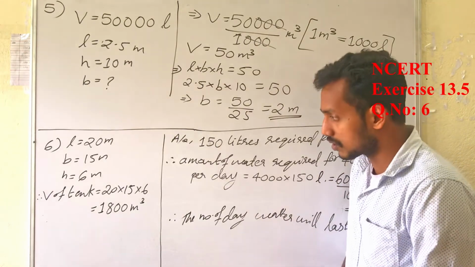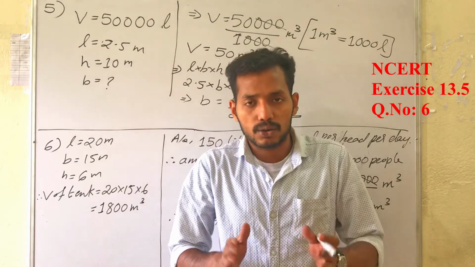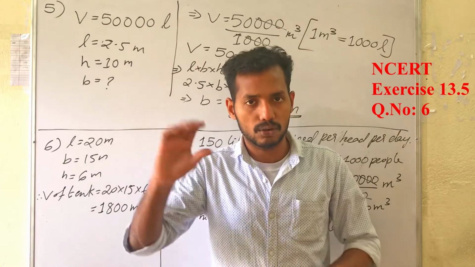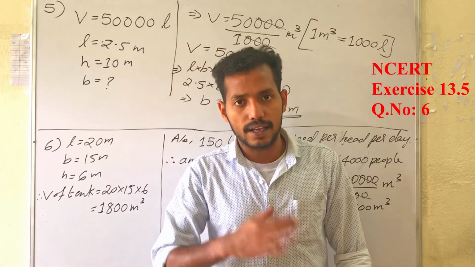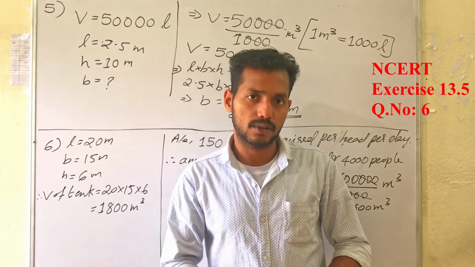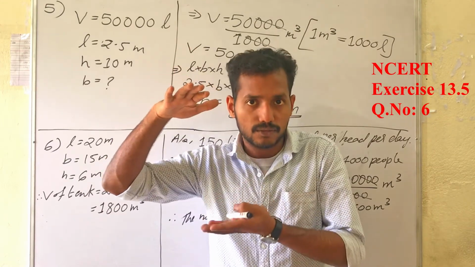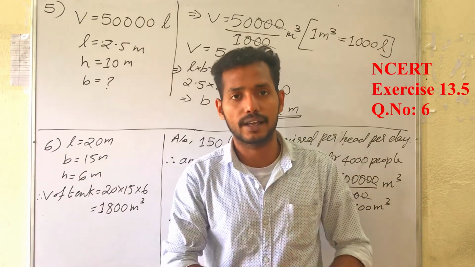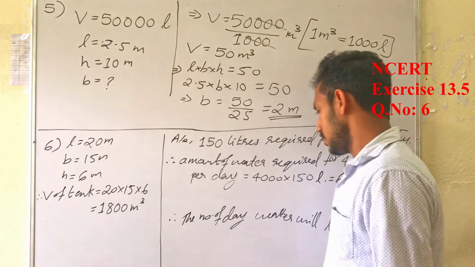It's very easy, because the simple logic is that I have 2 liters of water in a water bottle. Suppose I need 1 liter of water in one day, then how many days will it last? 2 days. That means volume of the water in the flask divided by volume of water required in one day. That is 2 by 1 is equal to 2.